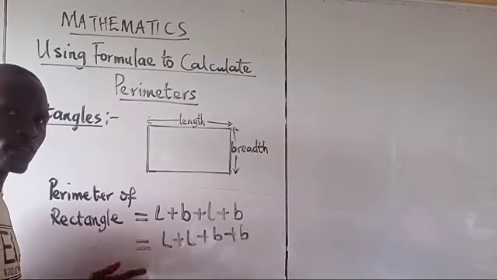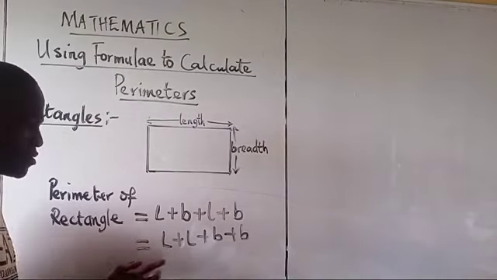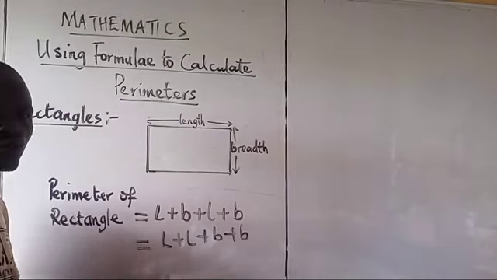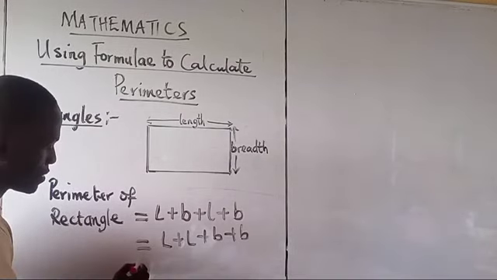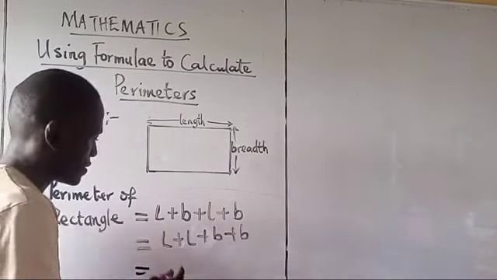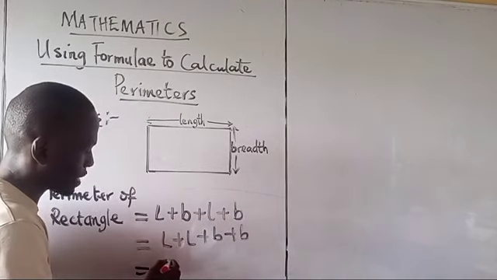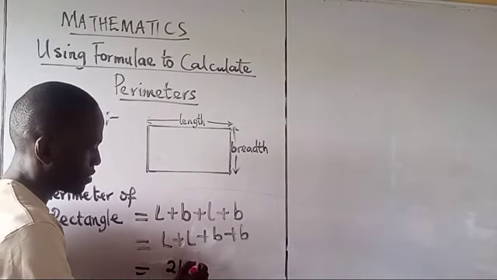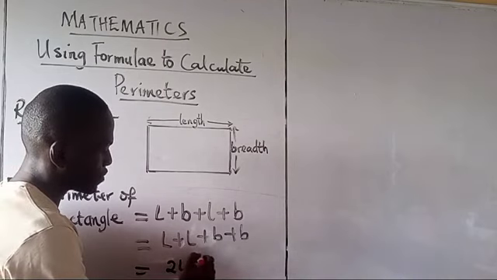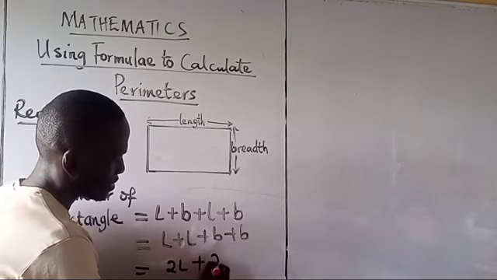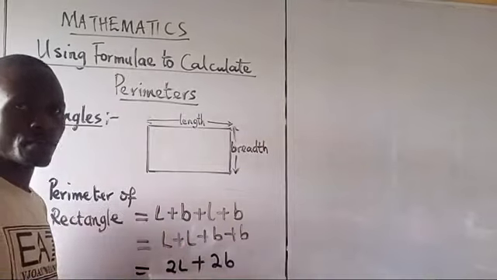Okay, so the next thing is now to do the sum. Add them together. L plus L, we know that to be 2L. Then plus B plus B, that is 2B.